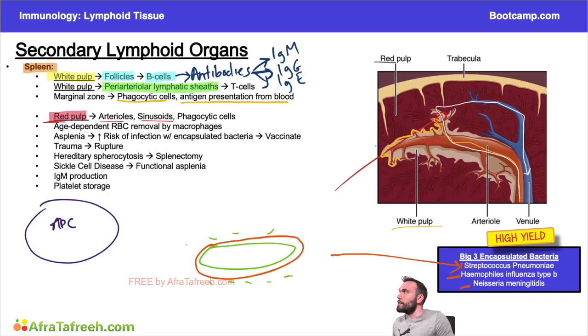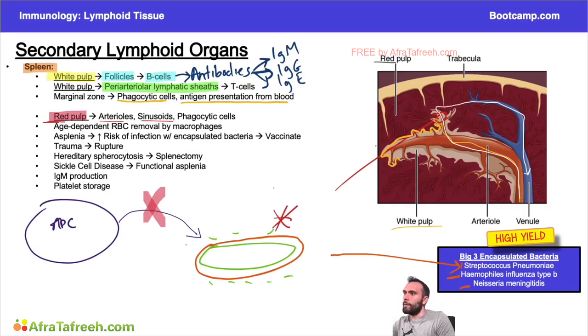What this capsule does is prevent the antigen presenting cell from being able to digest the bacteria, because it has this rigid capsule on it now. So the antigen presenting cell needs a way to digest this bacteria, and it can't do it through phagocytosis alone. What can happen is we have antibodies in our blood.